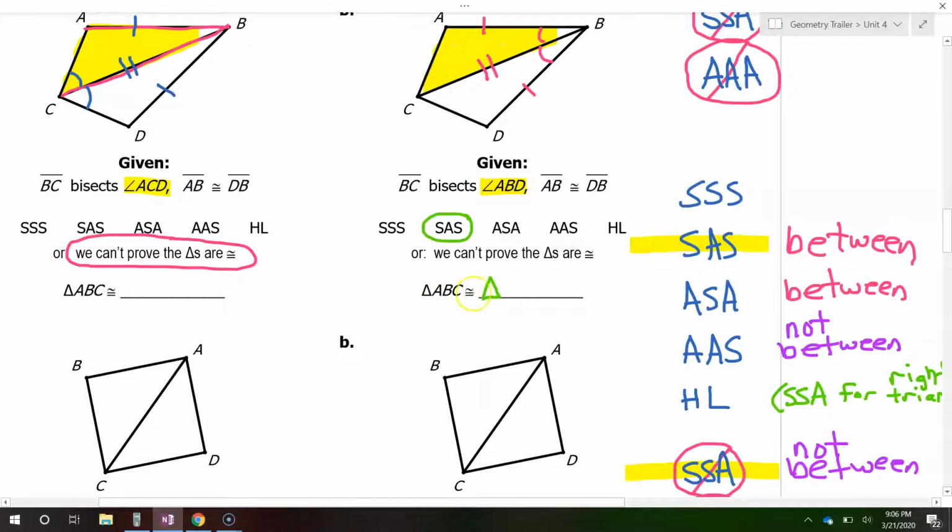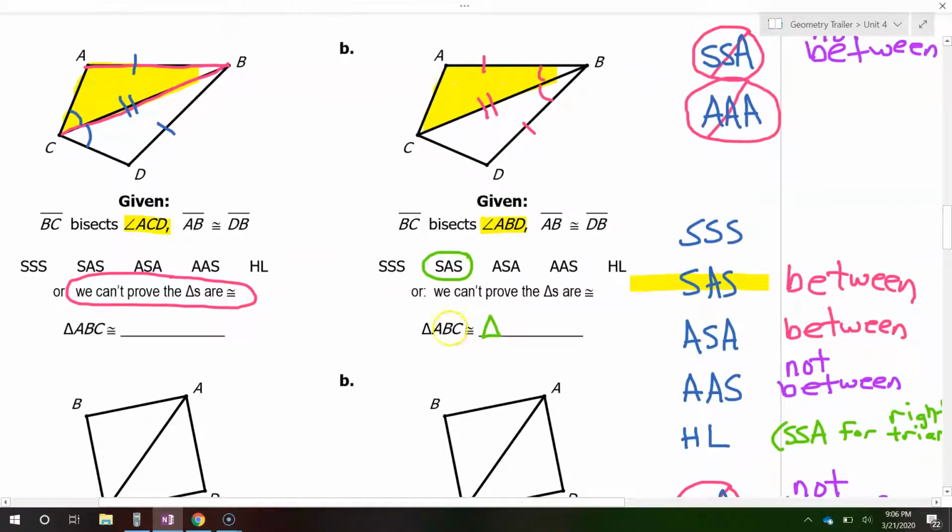Triangle ABC is congruent to triangle what? It might be helpful to just look at the symmetry here. Notice that the yellow triangle and the white triangle are like mirror images of each other. So angle A and angle D are mirror images of each other.